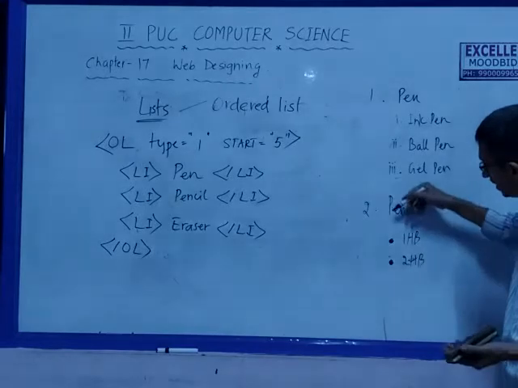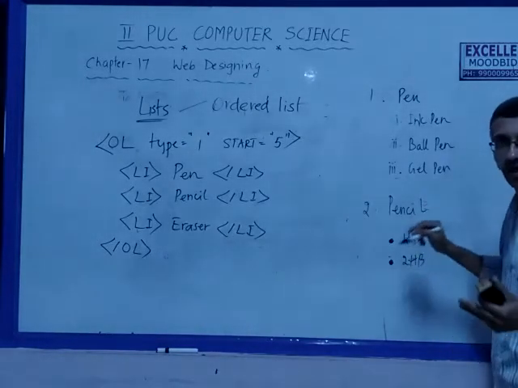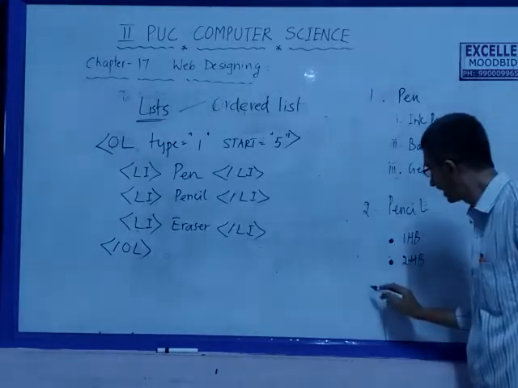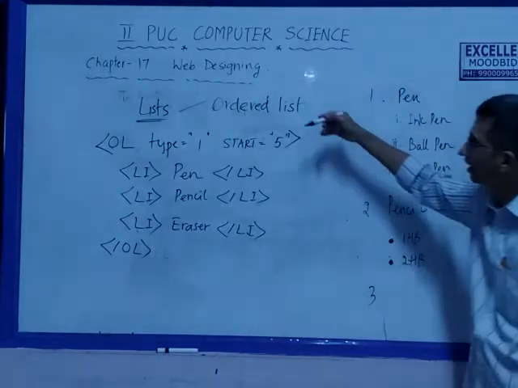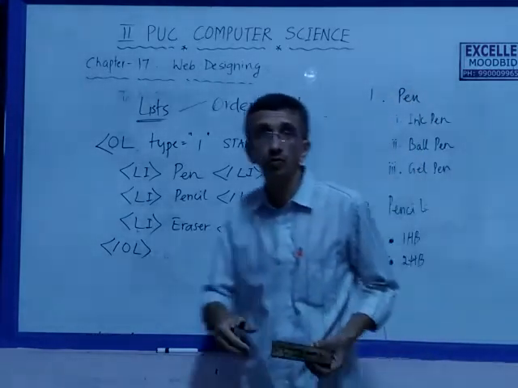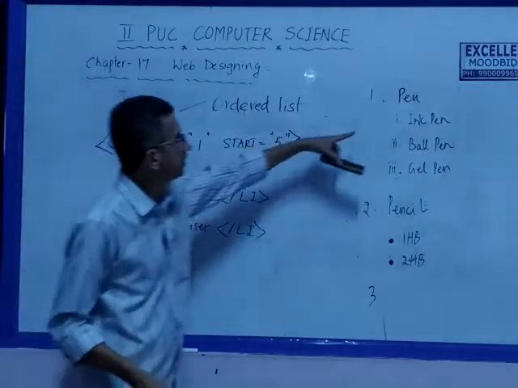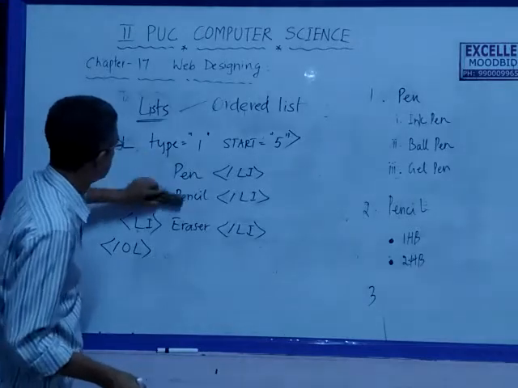In this case, the sub list under the pencil will be an unordered list having by default the solid circle as the list marker. So mainly it is the outer numbered ordered list like this one. So how to create this? Within this one, instead of writing the item here, you must have another ordered list.